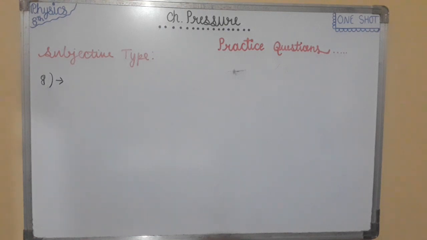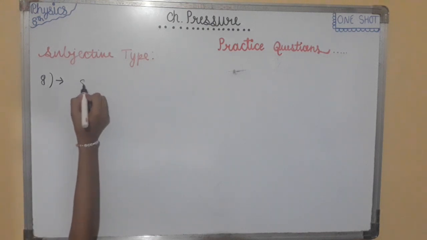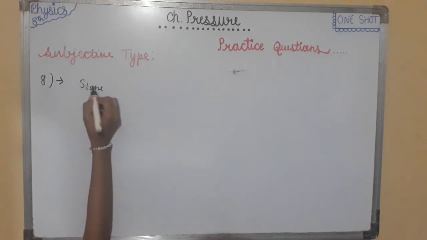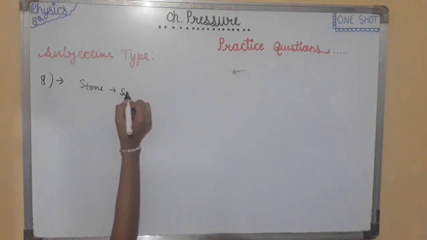I'll repeat the question. A stone weighs 650 Newton in air and 275 Newton in water. Calculate its relative density. Take g as 10 meter per second square. So according to the question, there is a stone, the substance.